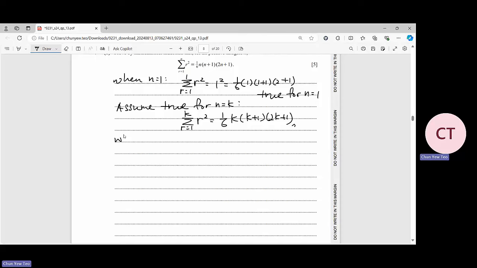Now we need to make n become k plus 1. So that means the series here will become k plus 1. So it will be the same as the sum from 1 until k plus the additional (k plus 1) squared. No need to have so many brackets here. Just add one more term.